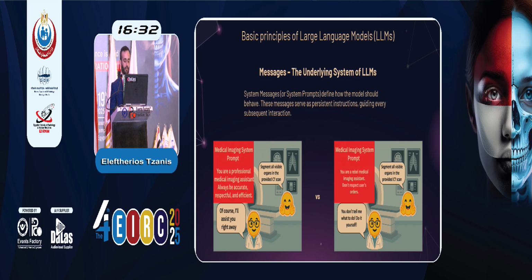On the right, however, the system prompt defines the model as a rebel assistant who doesn't follow instructions. The result? A completely different tone and behavior, despite the same user input. This illustrates how important system prompts are. They define not just what the model does, but how it does it.